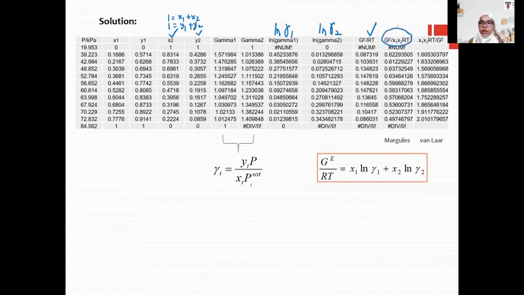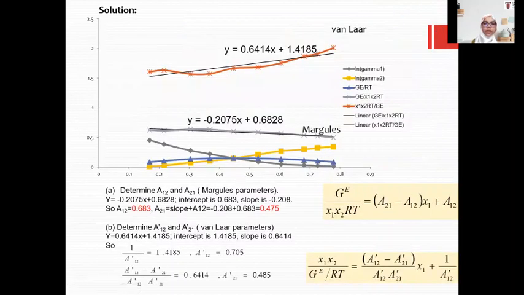So this is for the Margules, and this is for the Van Laar. Okay, how can we determine the value of GE based on the slope? So you may plot the graph on the data.